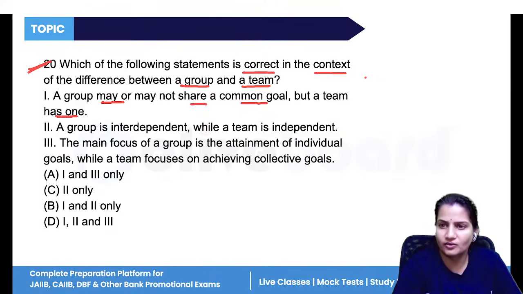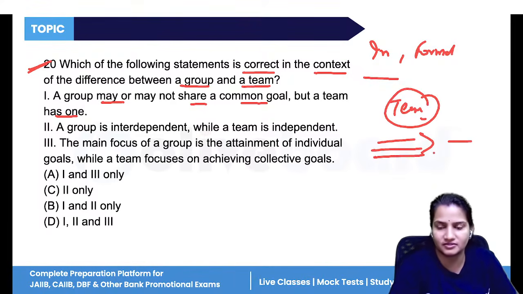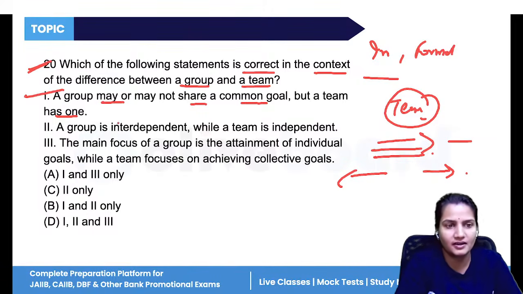Yes, you have your informal groups and your formal groups. Groups may or may not share a common goal, but if a team is made, everyone has to move in the same direction. It's not that you're moving left and the other is moving right.